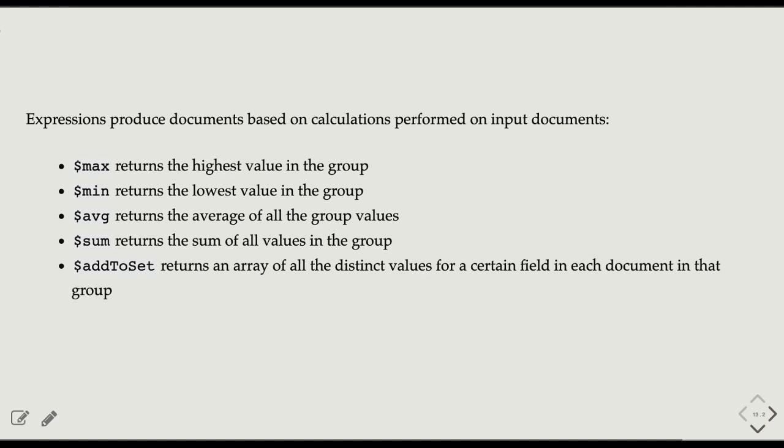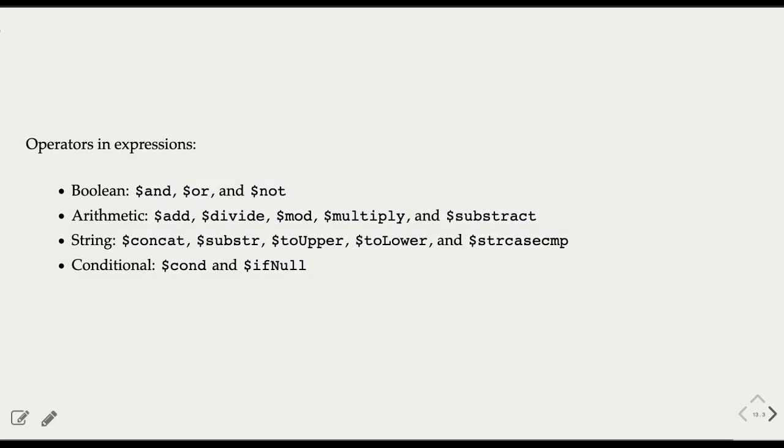Sometimes you can also collect values along the way in the group. For example, if you have values you want to collect, you can use $addToSet to return an array of all distinct values for a certain field in that group. You can also combine expressions and values using Boolean operators such as and, or, not.